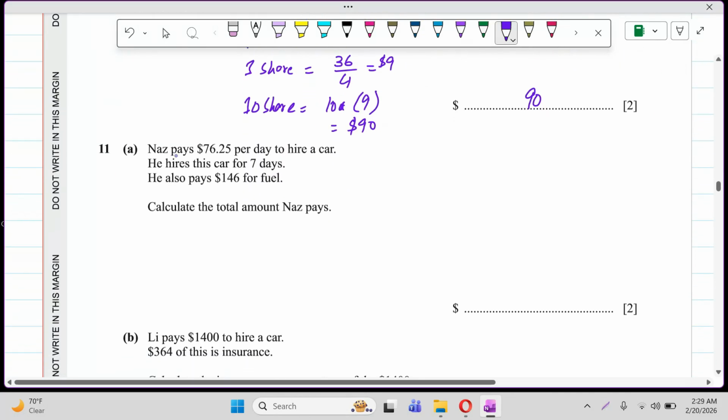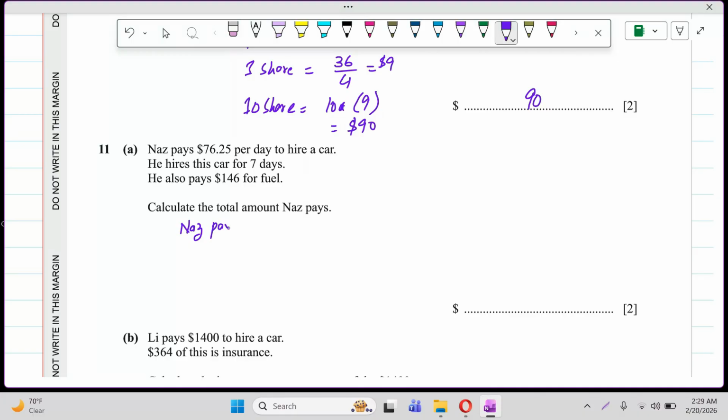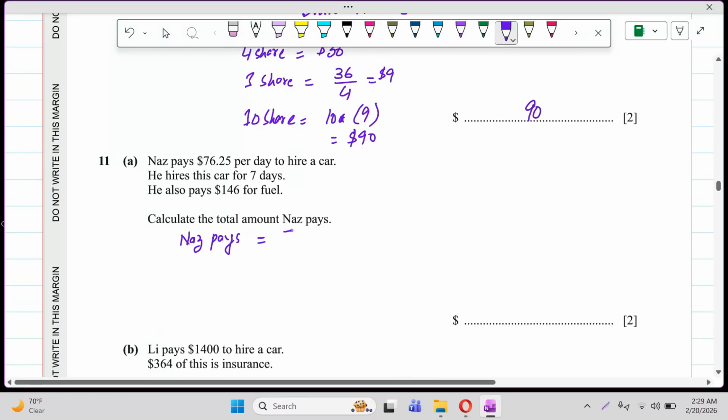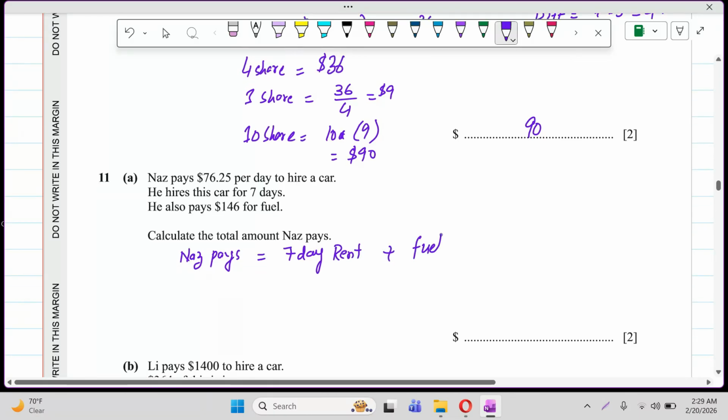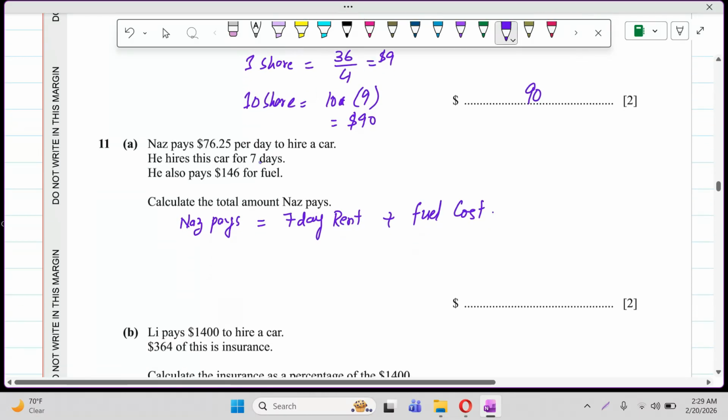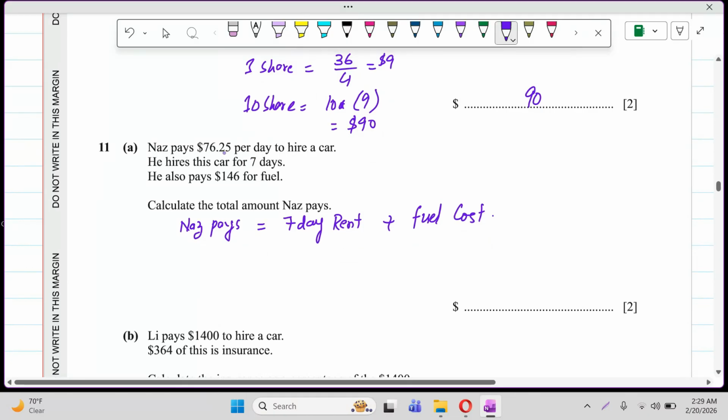Question number 11. Nas pays $76.25 per day to hire a car. He hires this car for 7 days. He also pays $146 for fuel. Calculate the total amount Nas pays. So Nas pays the 7 days' rent for the car plus the fuel cost. So 1 day car rent is 76.25.